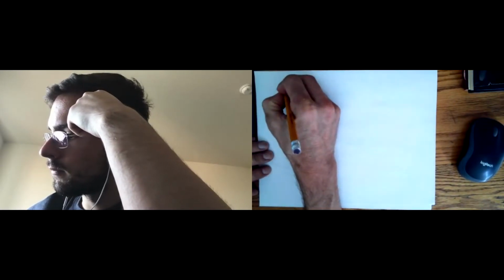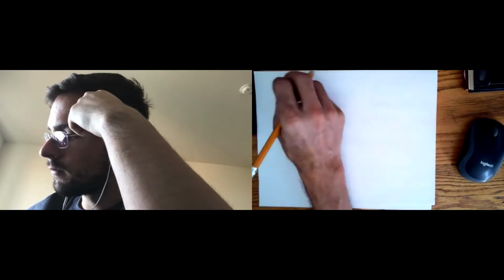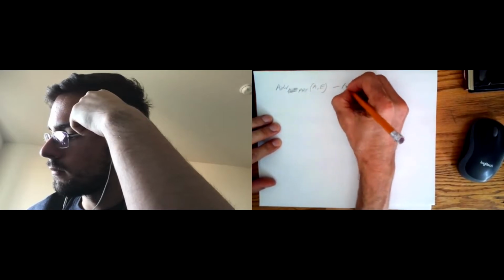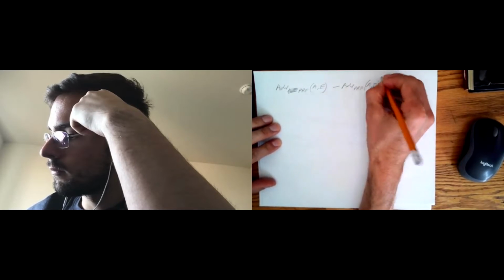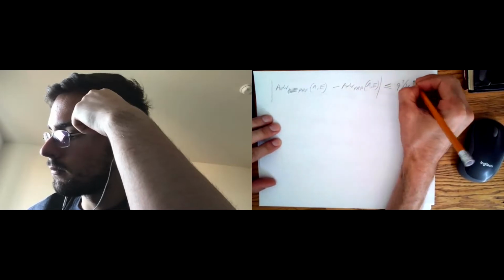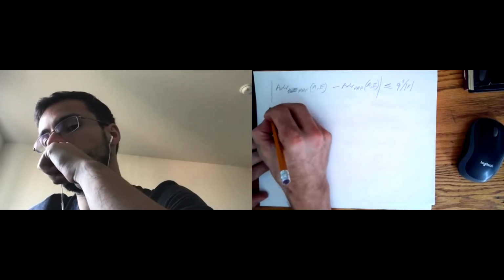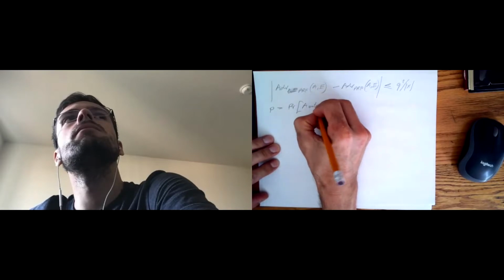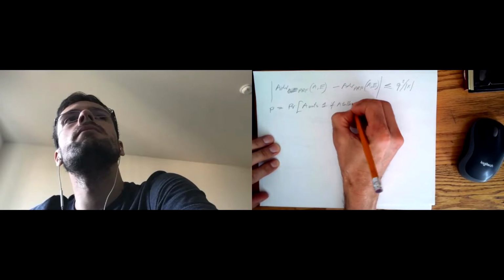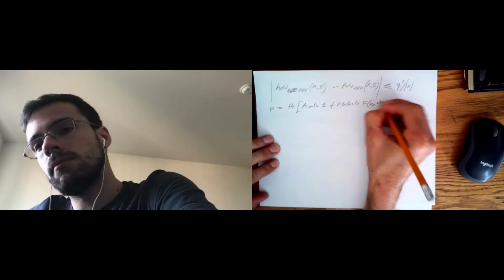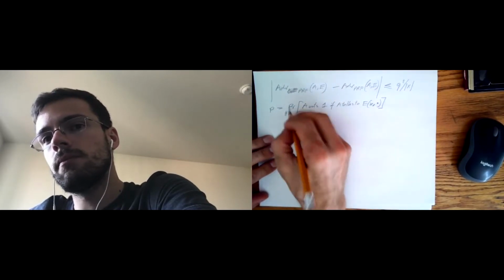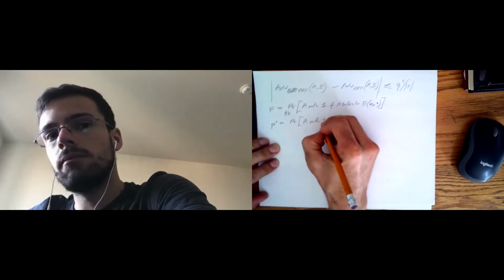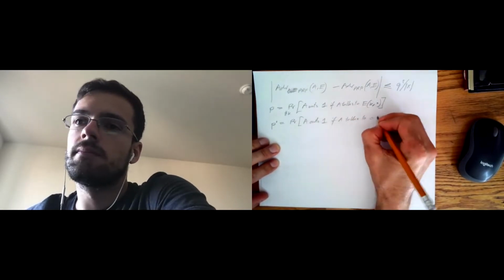I said that the difference between the advantage of the attacker in the PRF notion against the block cipher E and the advantage in the PRP notion is bounded by Q squared over X. Let p be the probability that A outputs 1 if A talks to E_k, where the probability goes over random k and the randomness of A. Let p prime be the probability that A outputs 1 if A talks to a random function.